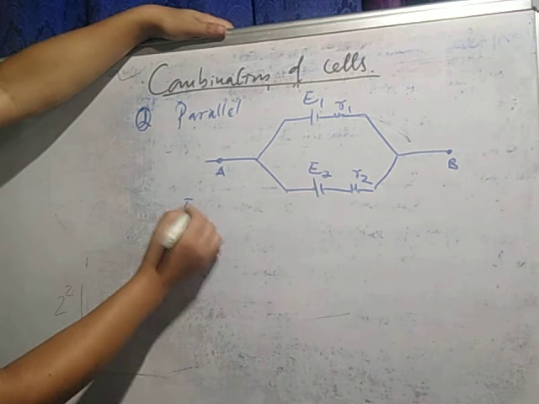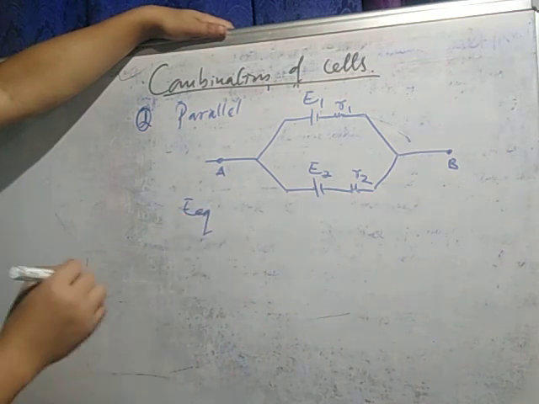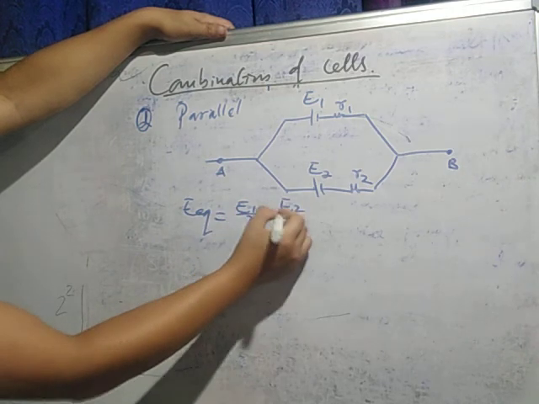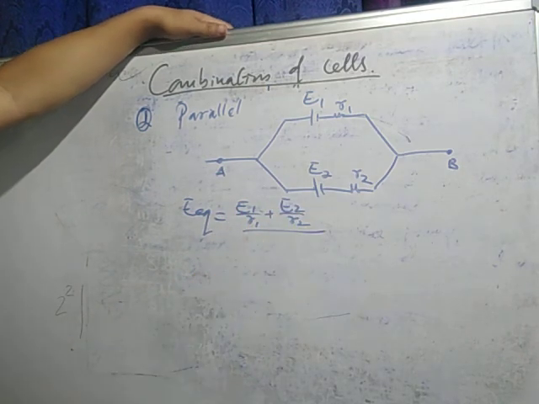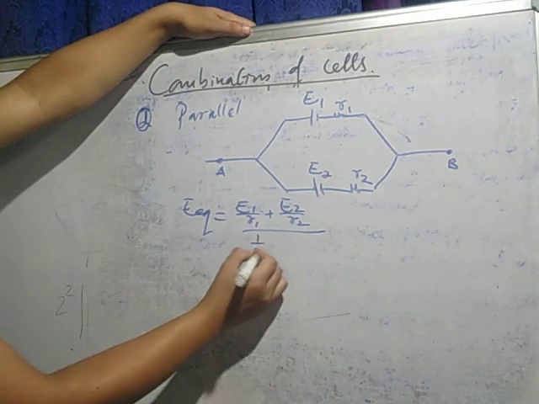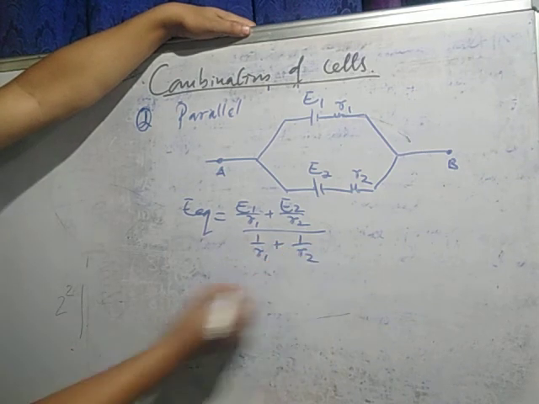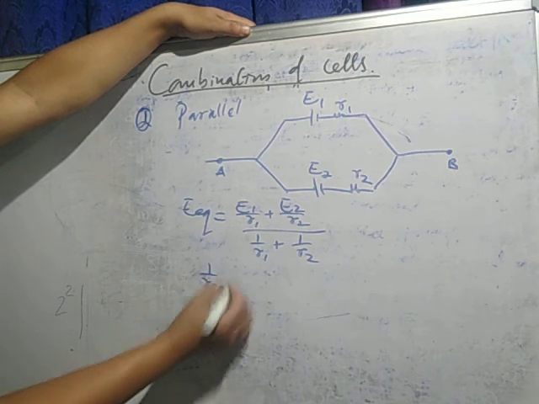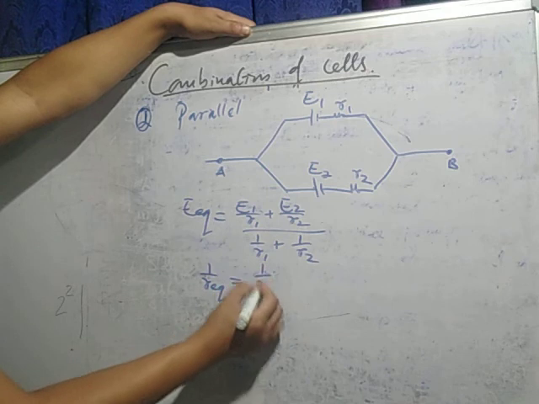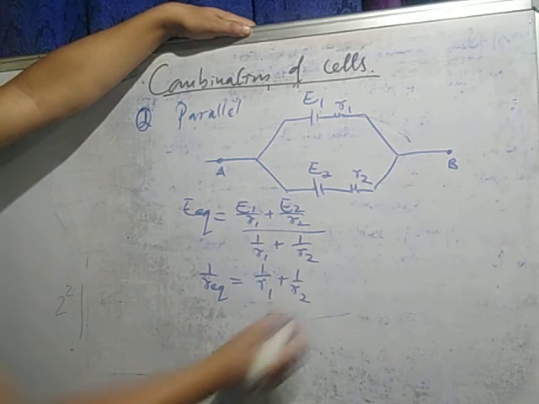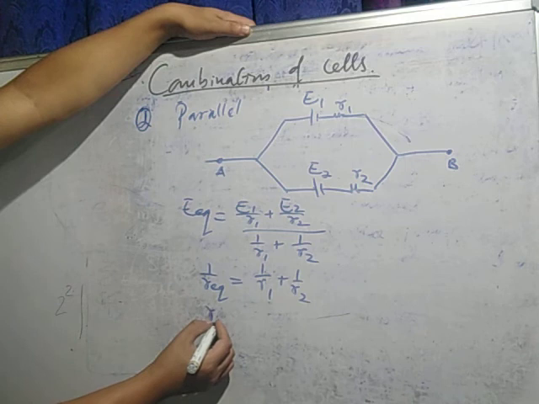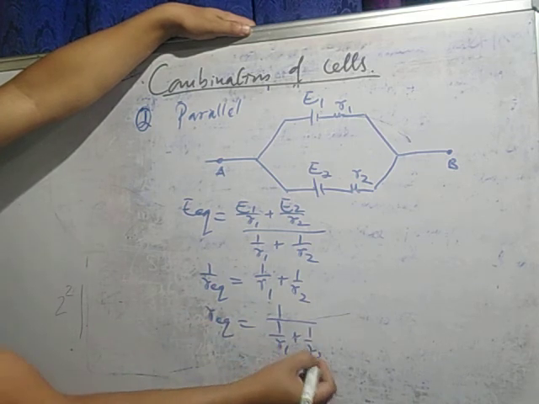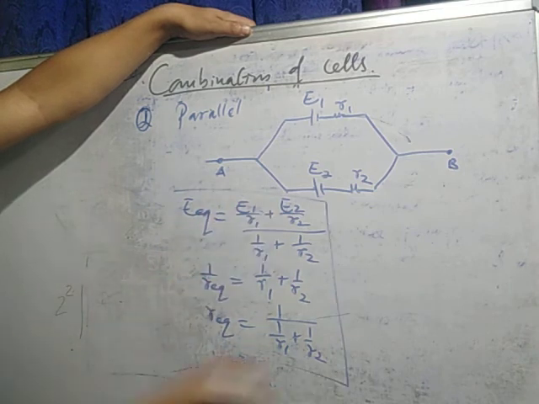The E equivalent of this type of combination will be given by E1 by R1 plus E2 by R2 divided by 1 by R1 plus 1 by R2, and 1 by R equivalent is given by 1 by R1 plus 1 by R2. So these are the shortcuts. Okay.